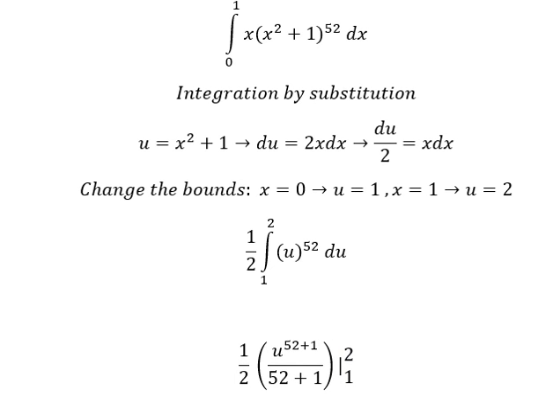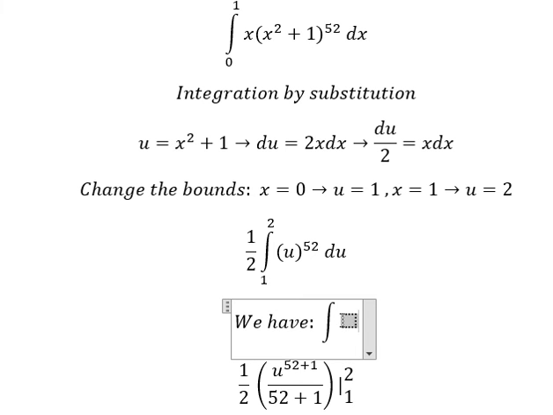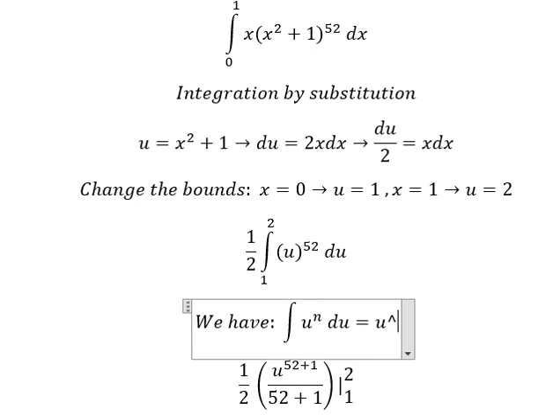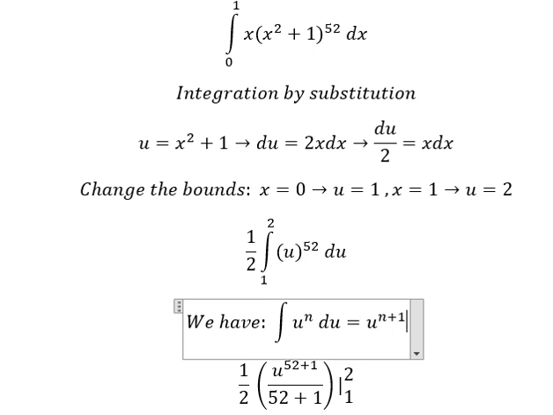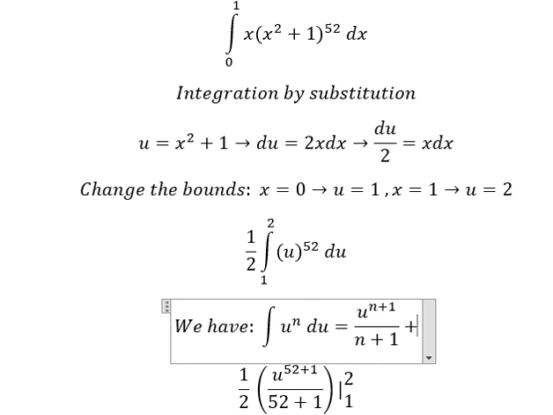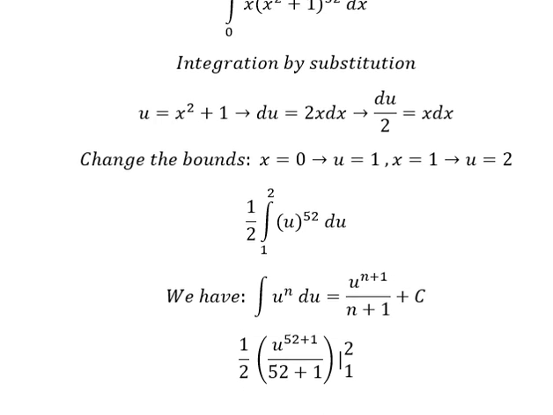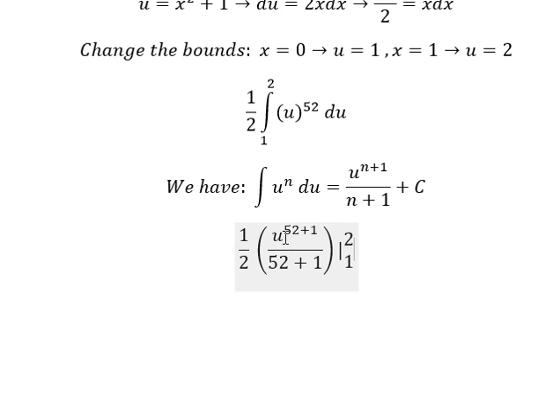Because we have the formula in here, we put 2 in here and 1 in here.